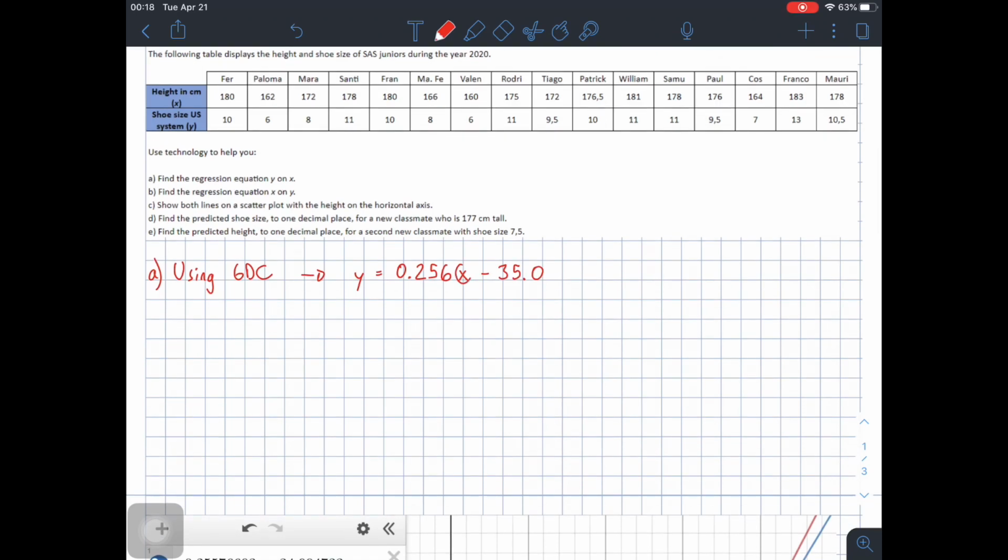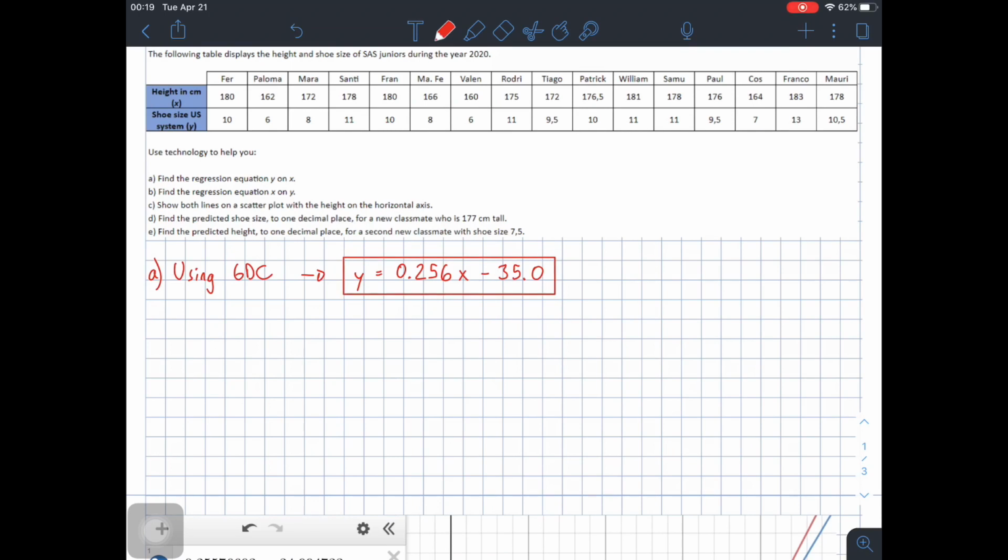Remember, the x variable is the height and the y variable is the shoe size. So that's it for part A. We already determined the equation y on x.